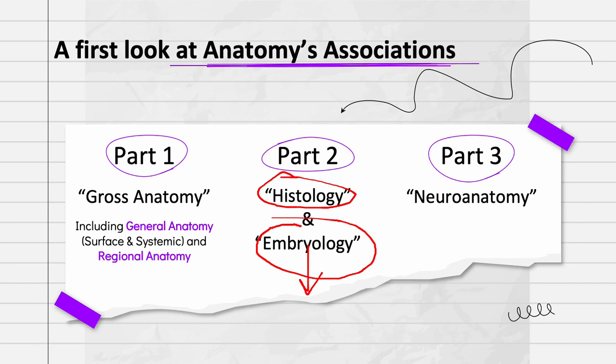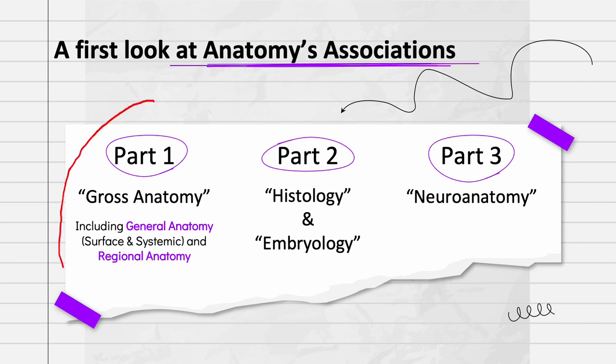And then neuroanatomy, one of the most complicated parts of the human body. Here we study the nervous system, like the central nervous system and peripheral nervous system. That comes under neuroanatomy. So first we will be covering gross anatomy, especially systemic anatomy, and then finally we'll be going towards regional anatomy.